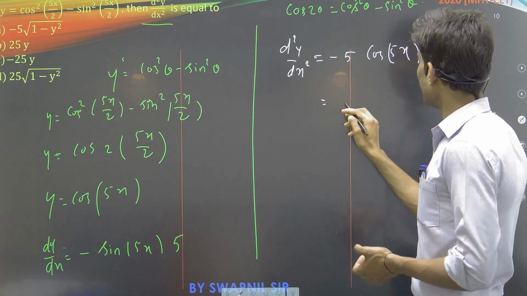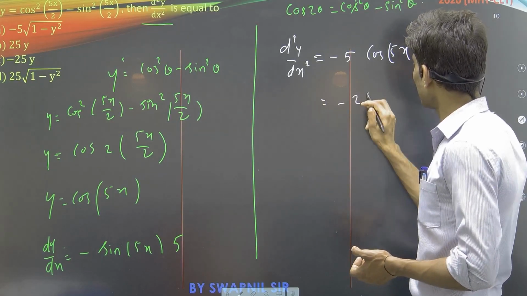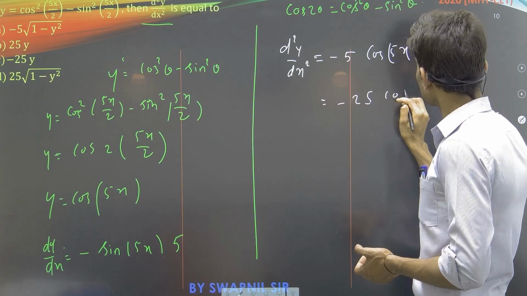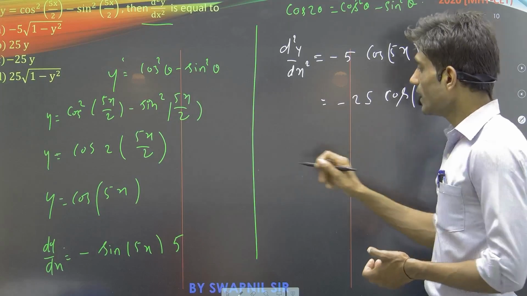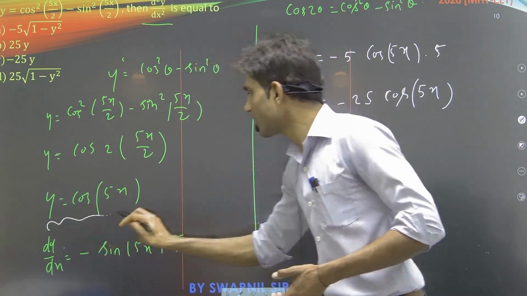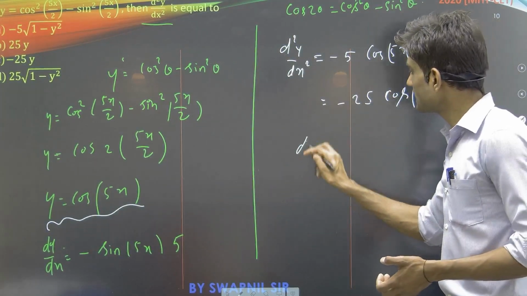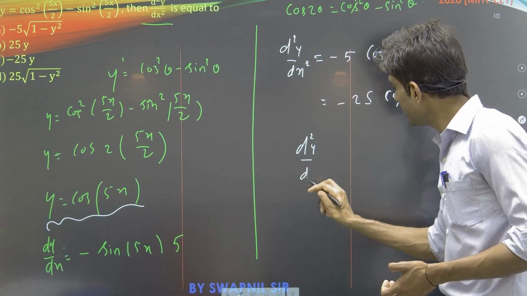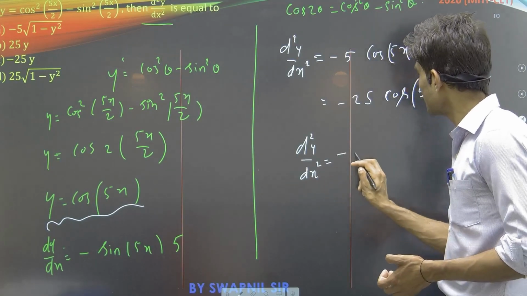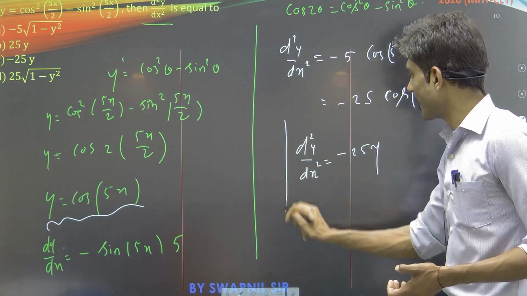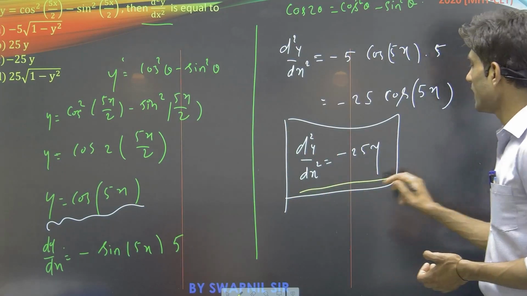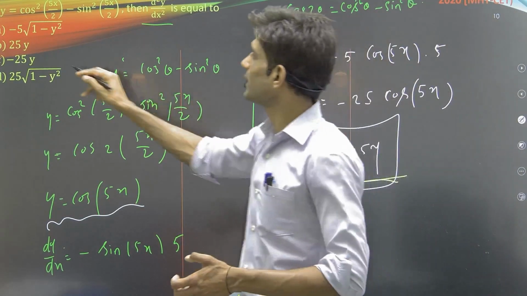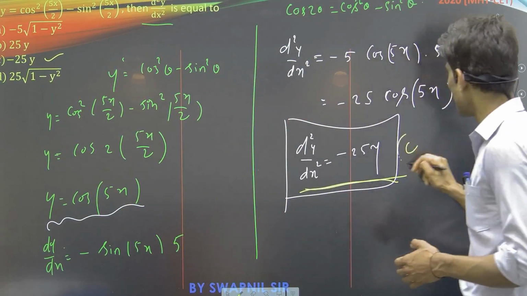Minus 5 multiplied by 5 is minus 25 into cos of 5x. And as we know, cos of 5x can be written as y. So d square y by dx square can be written as minus 25y. This one is our required answer from our given example, which is given in our option number C, which is correct here.